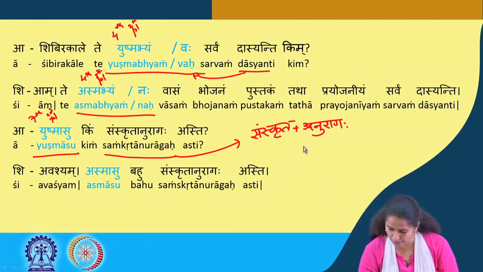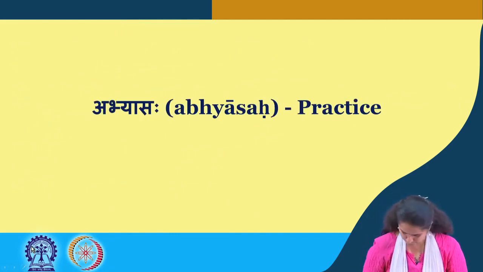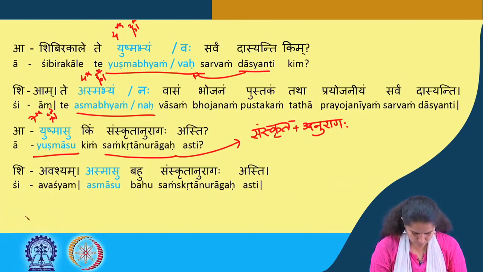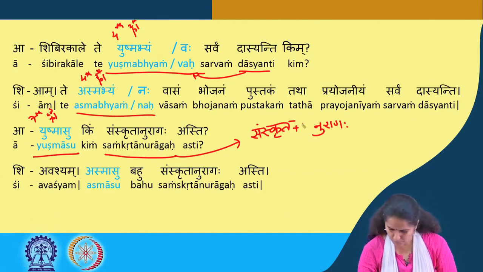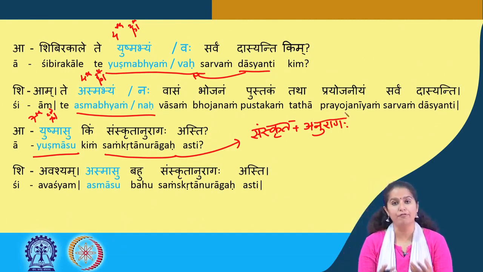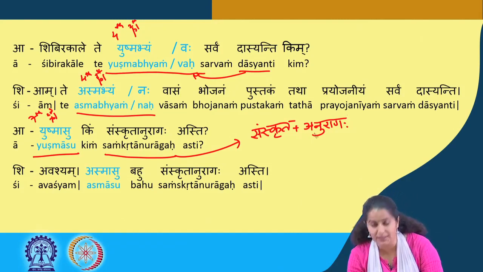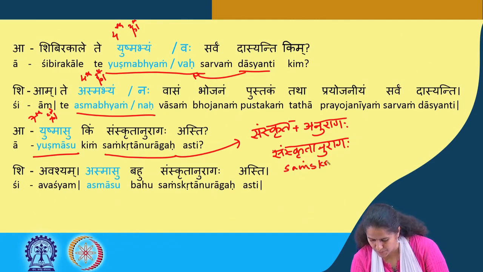I will just write that out for you because it was done in a hurry. So anuragaha means a love of, and Sanskrita plus anuraga, the a makes it a long sound, so it becomes Sanskritanuragaha. Okay, I'll just write that for you in the transliteration as well.